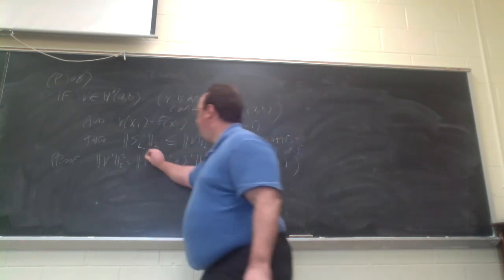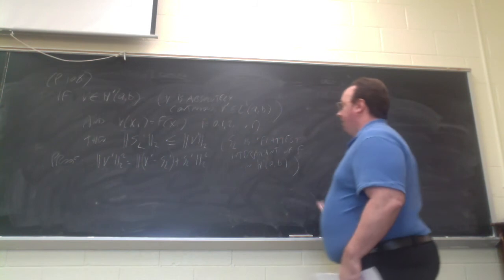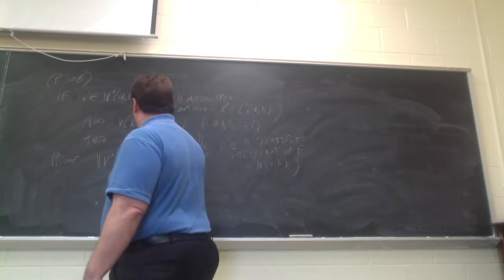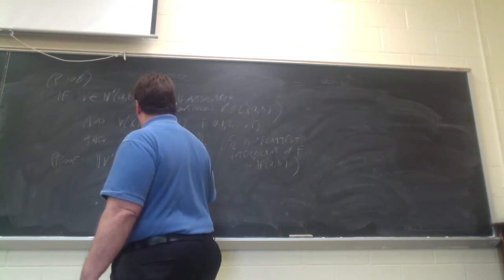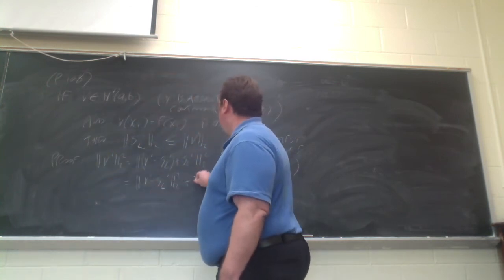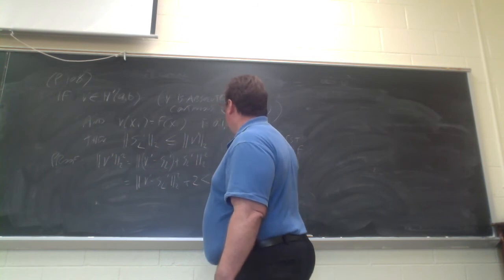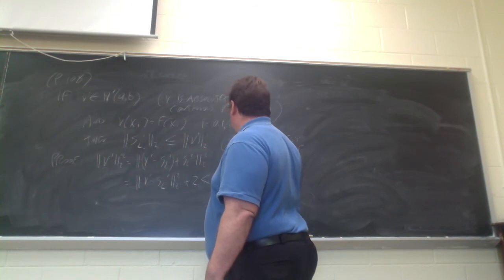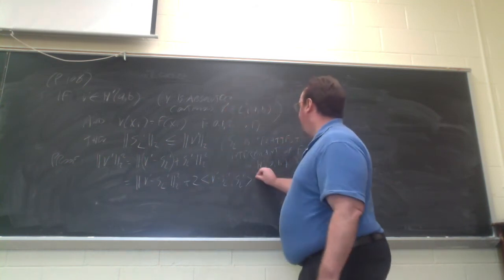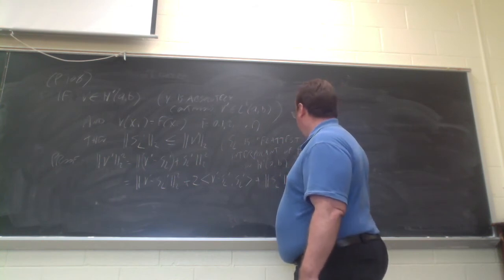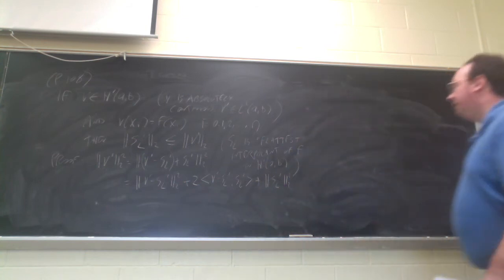And then if I group these together, I can use properties of inner products. So I have the norm of this squared, plus 2 times the inner product of this with this, plus the norm of that.